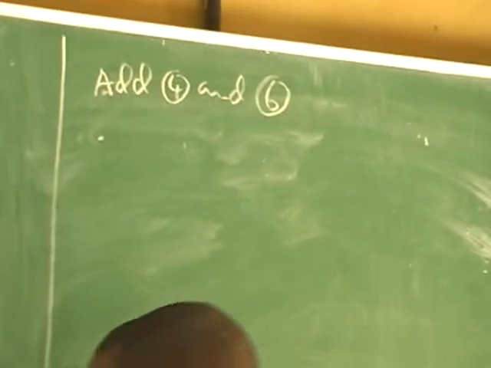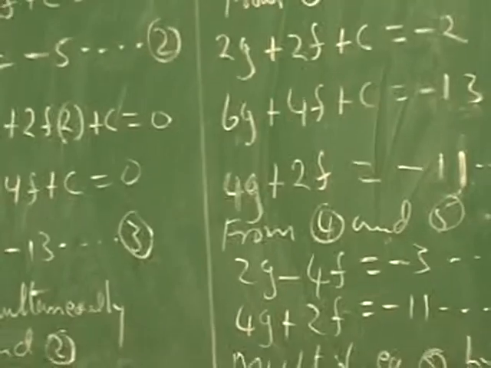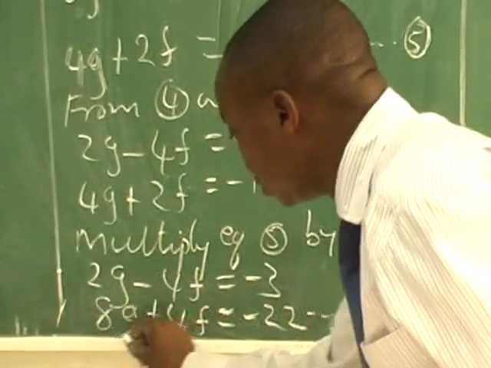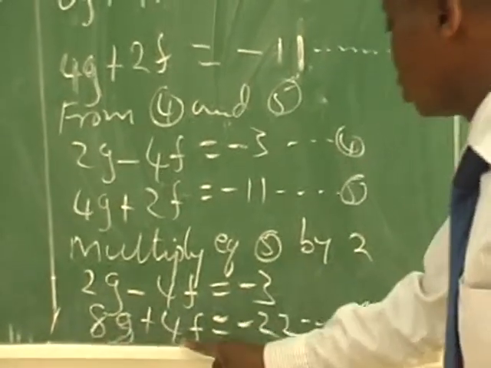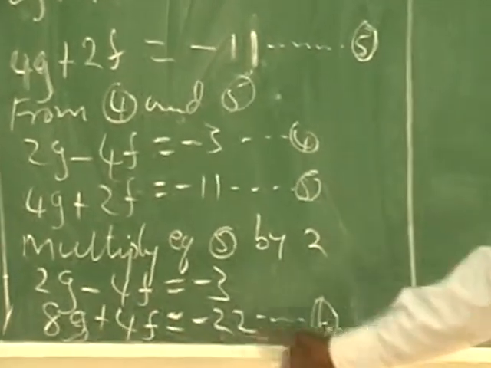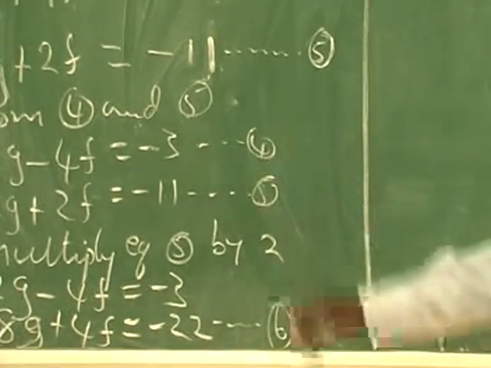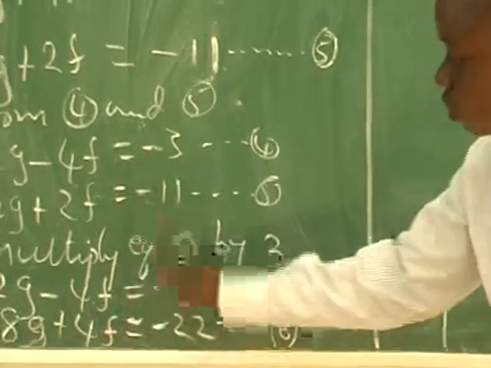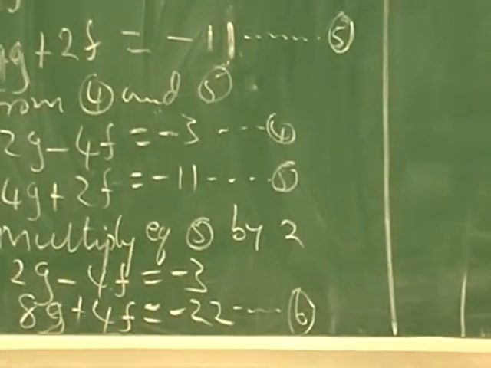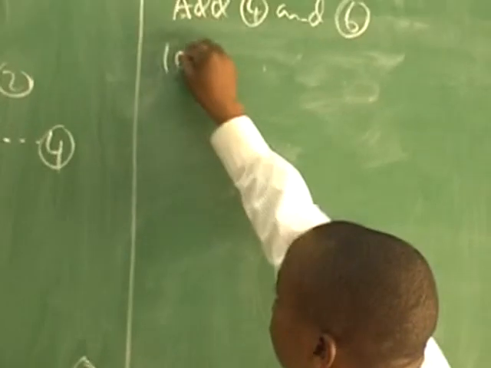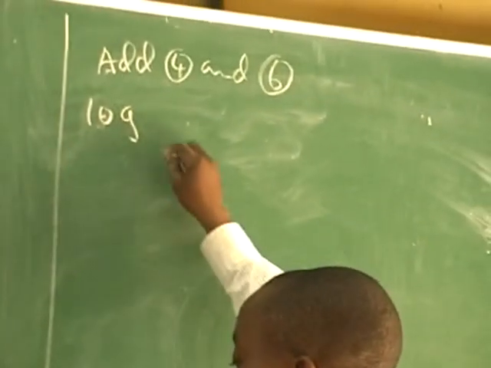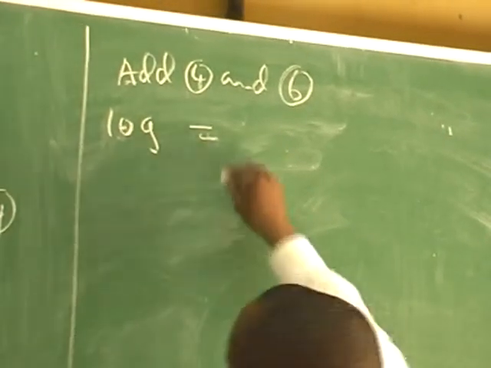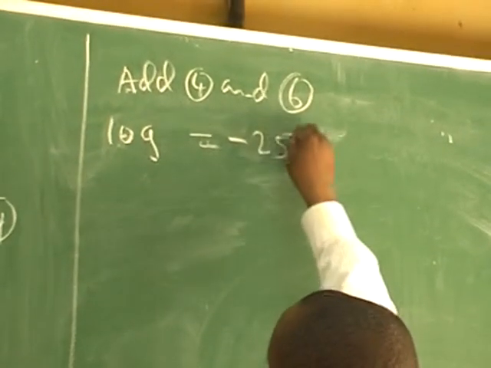So we now add equation 4 and 6. You know that this is a new equation, so we can call it equation 6. That is 8g plus 4f is equal to minus 22. When we add together, minus 4f plus 4f will go. So when we add, we will have 10g will be equal to minus 25.